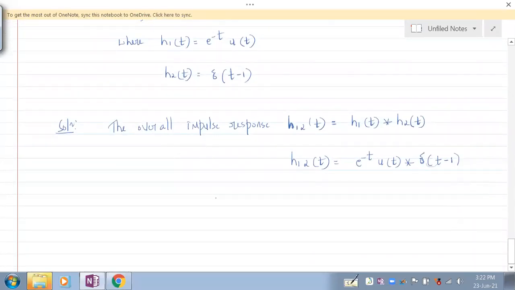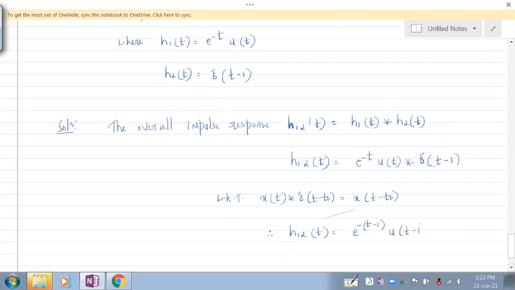So what would this be? We know that the convolution integral of x of t with delta of t minus t naught is x of t minus t naught. Therefore, h12 of t would be e power minus (t minus 1), so that needs to be in bracket, mind you, into u of t minus 1.